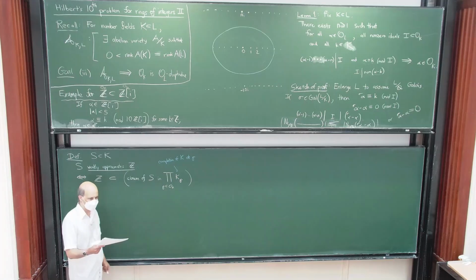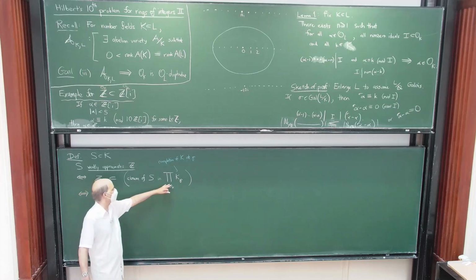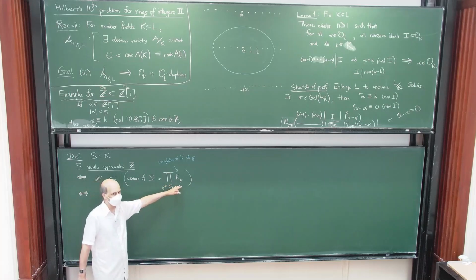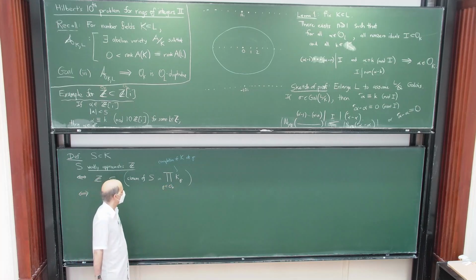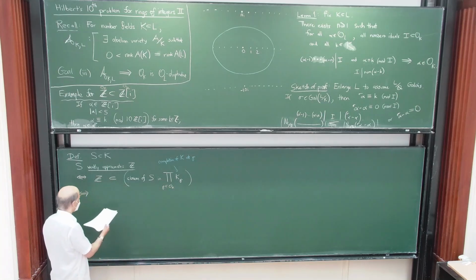Are you imposing finite support in the valuations in the product? Say that again? Are you imposing finite support on the product? No, this is just the direct product of all of those topologies. So this is just some big topological space. Okay.